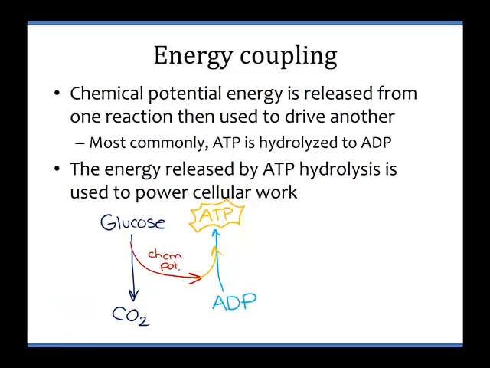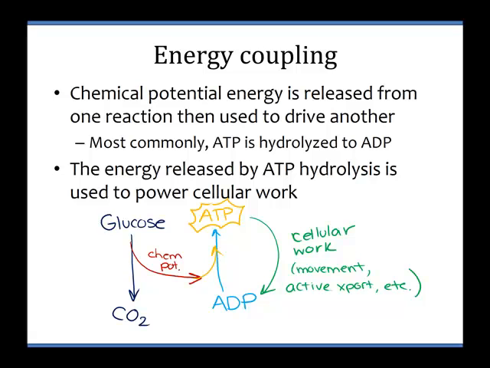We're going to convert that ATP, let's do green, back into ADP by doing cellular work. And that cellular work, remember, work is movement. Active transport, etc. You are constantly cycling through your ATP and ADP molecules in your cell.